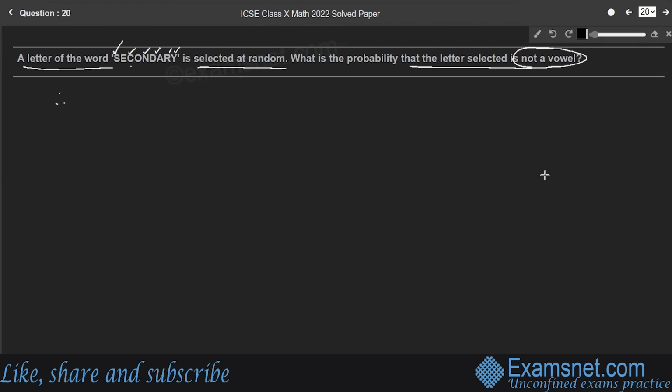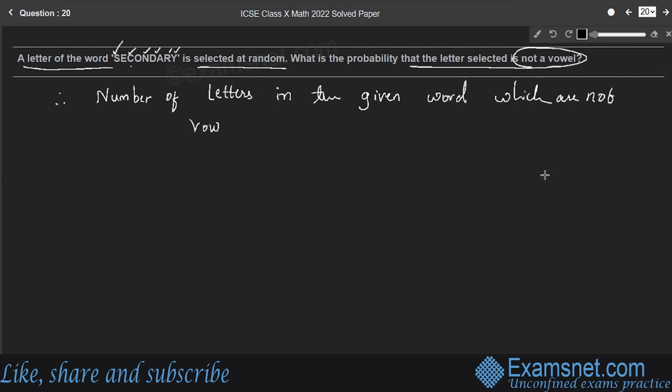Therefore, the number of letters in the given word which are not vowels is equal to, let me count, 1, 2, 3, 4, 5, and 6.